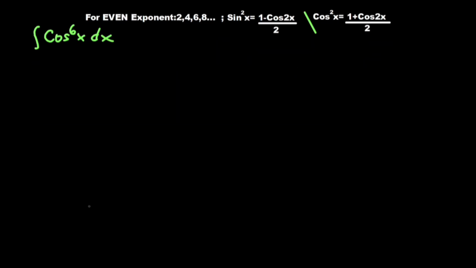The integral of cosine to the power of 6 of x. So, we will put it in the form of cosine of x, cosine squared of x. 6 divided by 2 would be 3. And transform this.